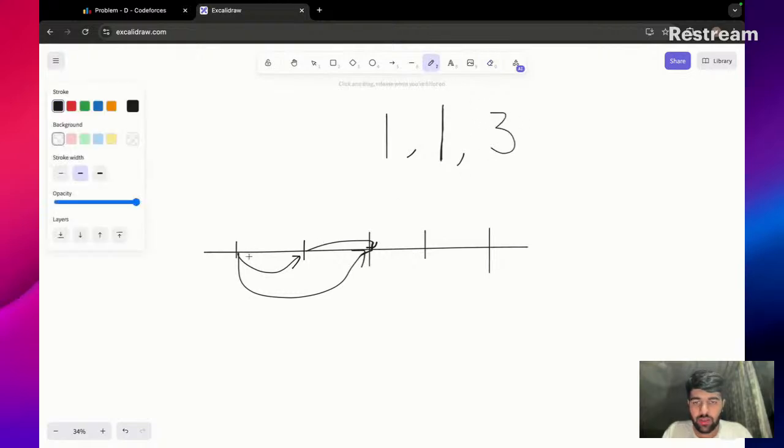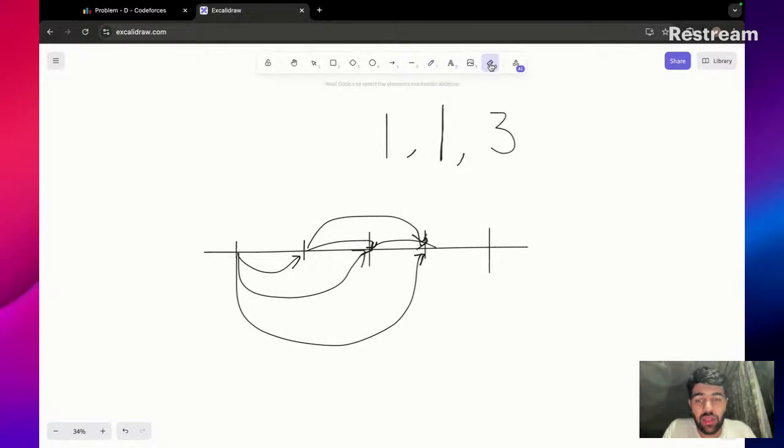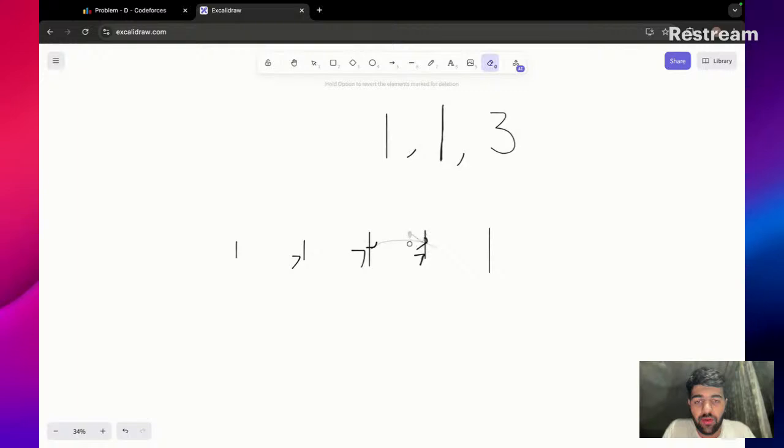So 1 to 3, and this, and this. So these are the many edges I have made. I need to find the number of connected components in this whole graph. And the graph is not directed as I've drawn these arrows, it is undirected.